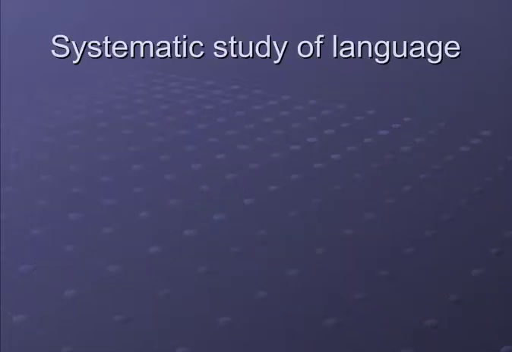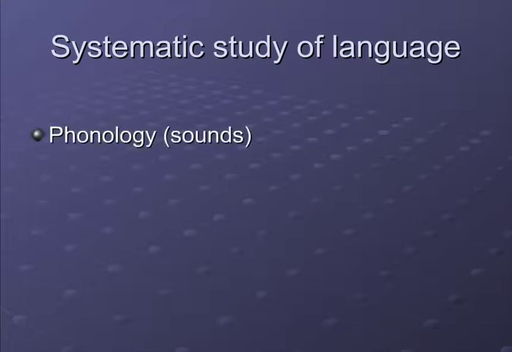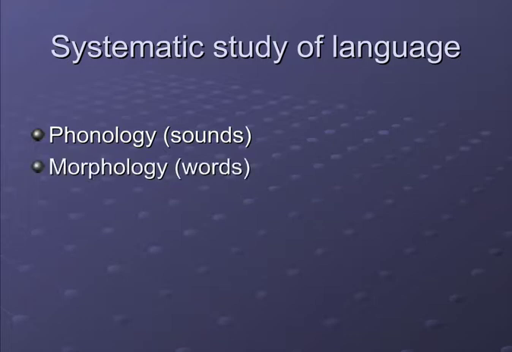Okay, so let's recap what we've said so far. For the systematic study of language, when we study phonology, it's the study of sounds and the way these sounds combine. When we study morphology, we look at parts of words which make up words.